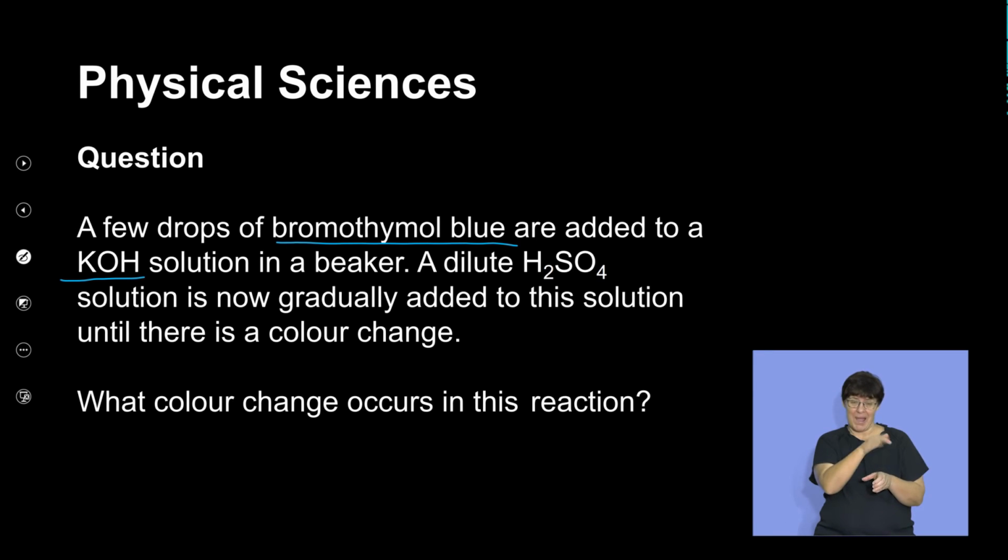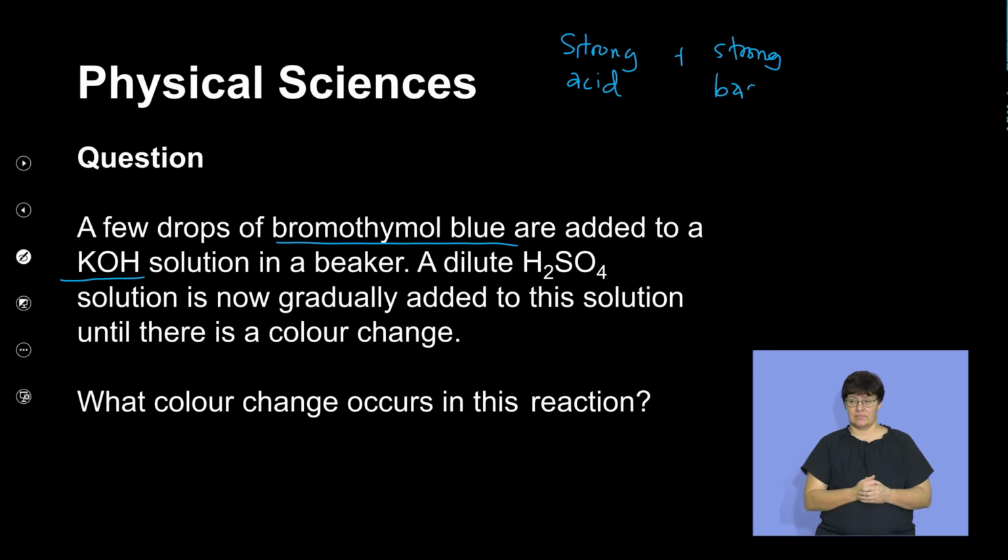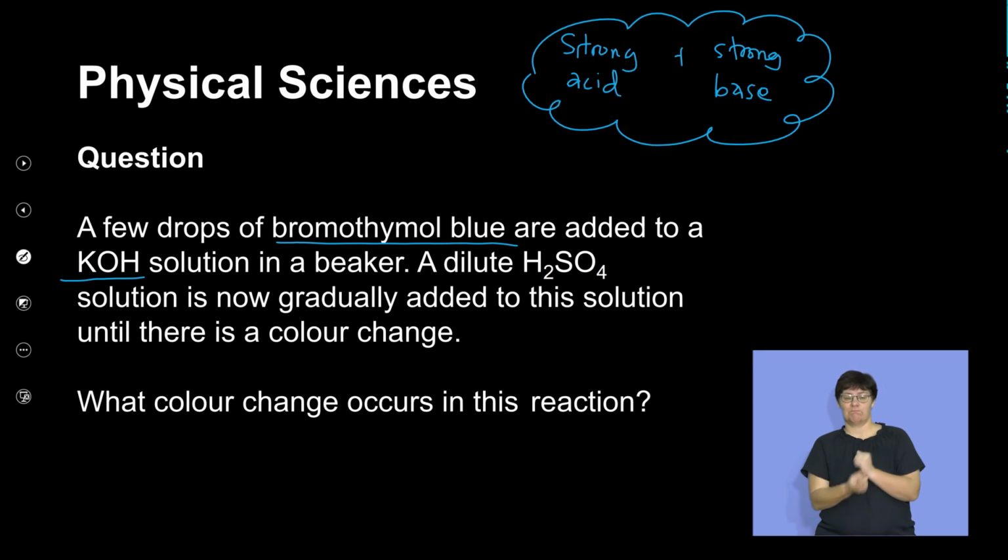Because this is a strong acid plus strong base type of acid-base reaction, and this is what is important in coming up with a suitable choice of indicator for this reaction. So in the presence of a strong base, bromothymol blue will be blue in color. So the initial color is blue. As we continue to add a solution of dilute sulfuric acid, there will be a color change when this neutralization reaction takes place. So this is a neutralization reaction.